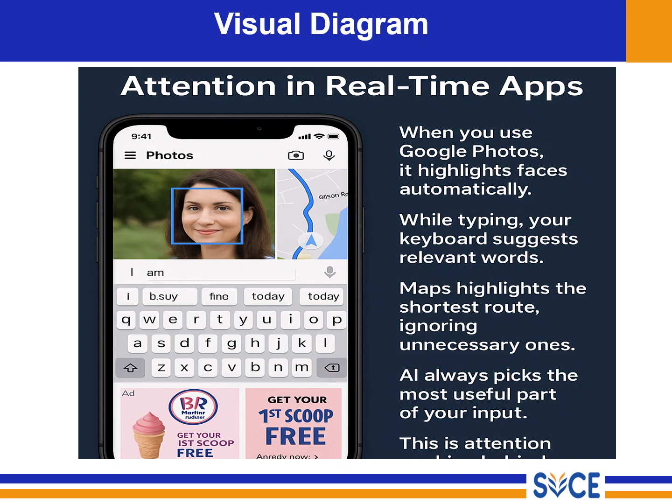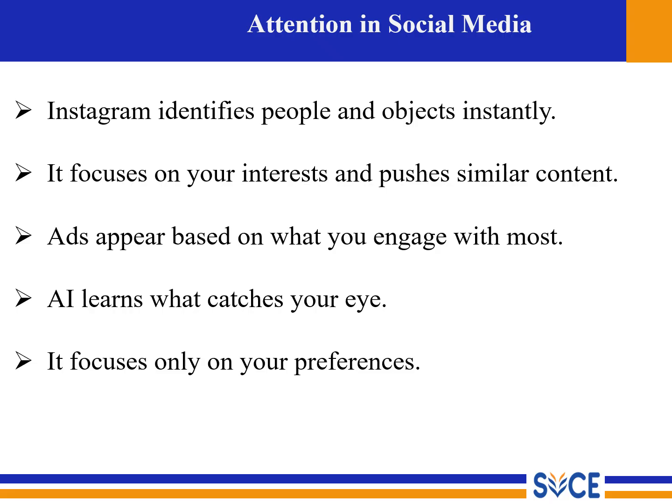Social media intelligence. Let's move to social media, something all of you use regularly. Platforms like Instagram are powered by AI systems that understand your behavior. When you scroll through posts, like content or watch videos, AI observes your interactions.